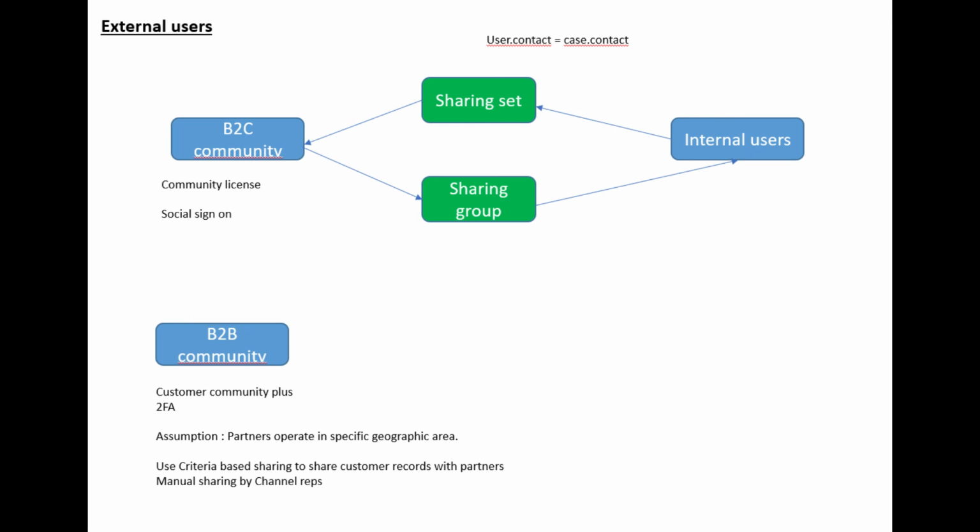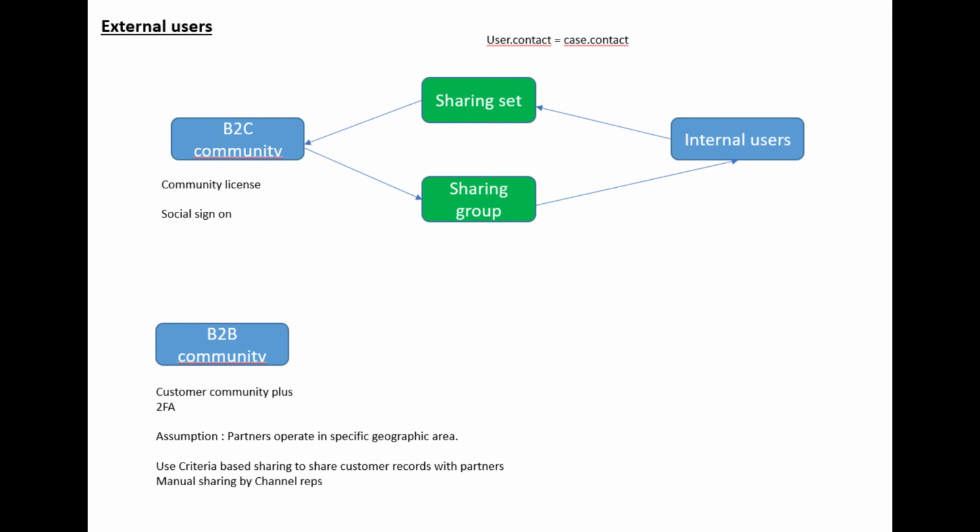Now, in order to implement this requirement, we are assuming a few things. One thing is we can assume the partners operate in a specific geographic area. So we could use criteria-based sharing to match the customer's zip code or the state or the city, and then assign it to that particular partner who operates in that geographic area. So we could do something like this.